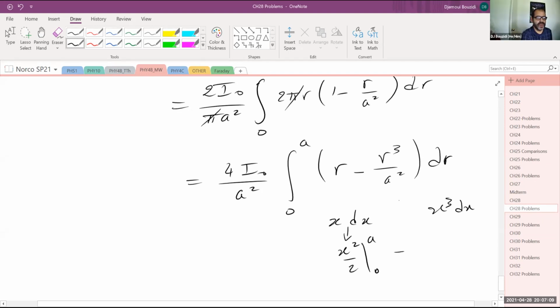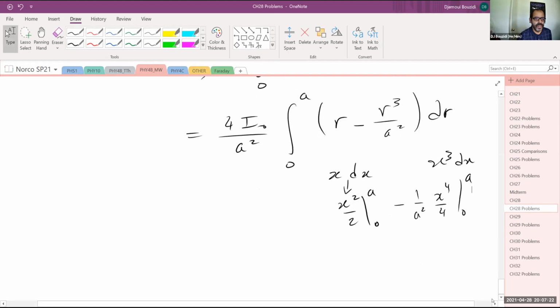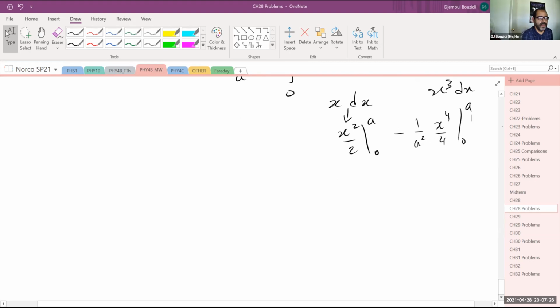And the second one is, first of all, I have that minus 1 over a squared, and the x cubed should be x to the power 4 over 4 from 0 to a. So the first value is going to be a squared over 2. And the second value is going to be 1 over a squared times a to the power 4 over 4.